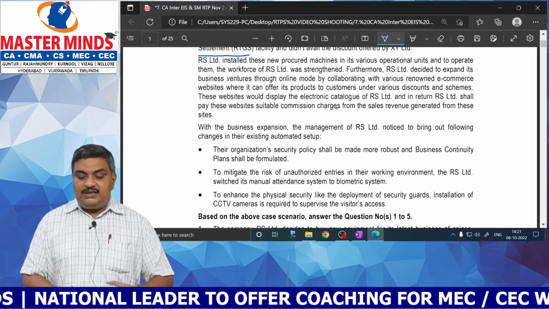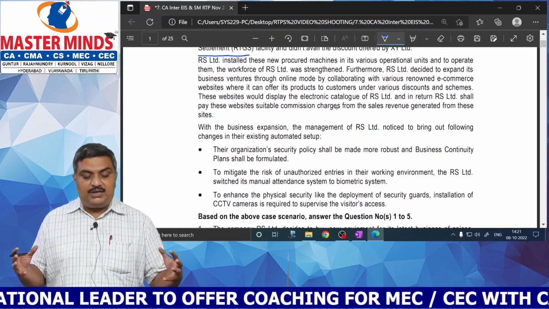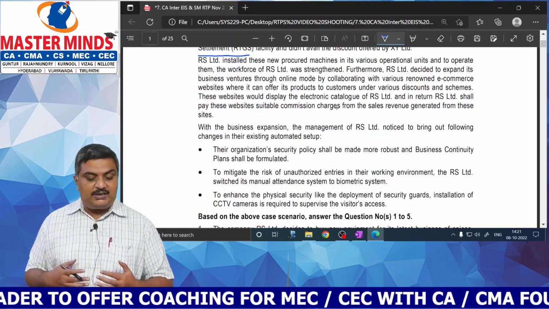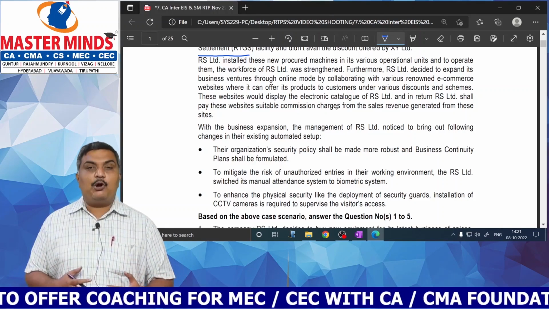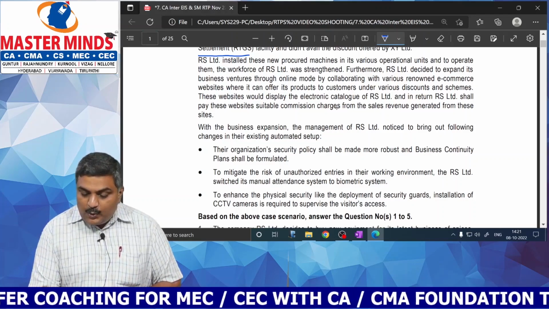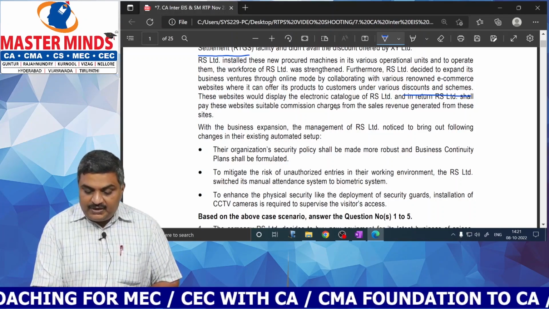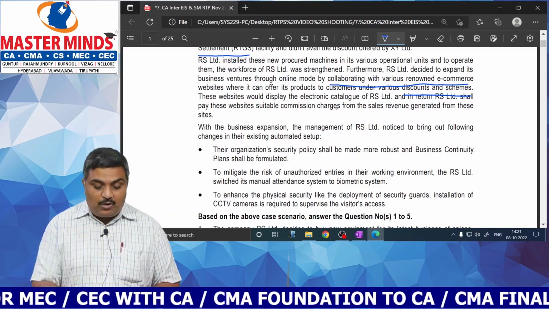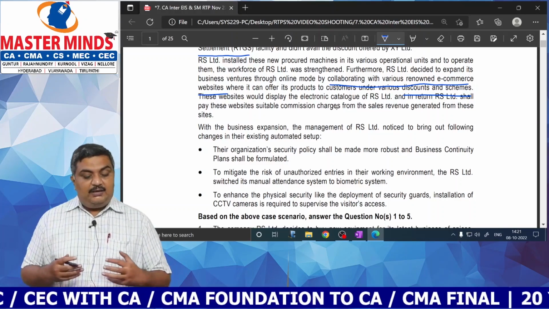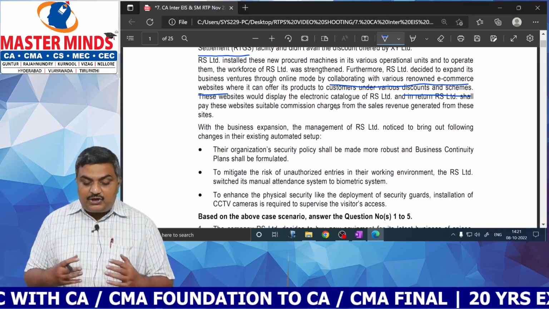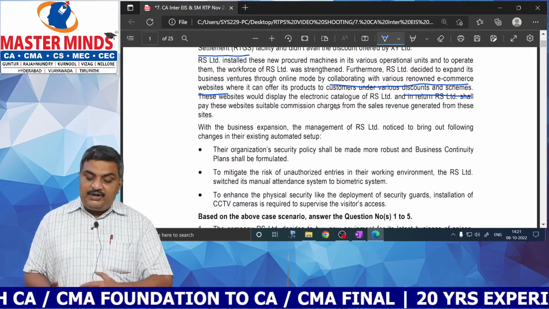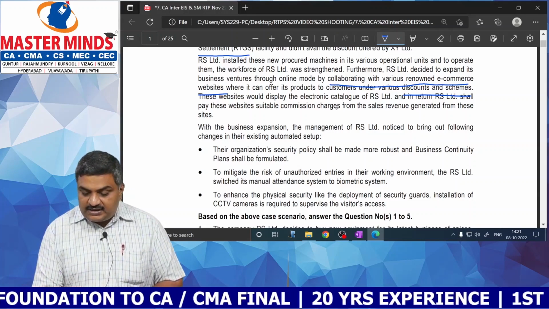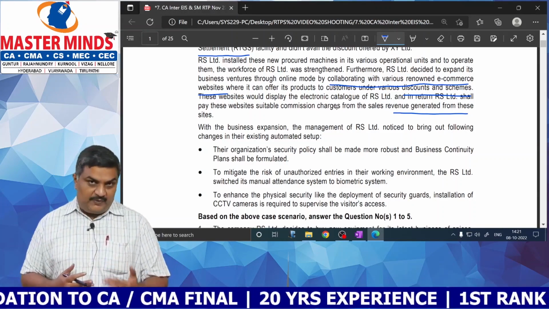Furthermore, RS Limited decided to expand its business ventures through online mode by collaborating with various renowned e-commerce websites, where it can offer its products to customers under various discounts and schemes. So, RS Limited have collaborated with various renowned e-commerce websites, and these websites will display the electronic catalog of RS Limited, and in return RS Limited shall pay these websites suitable commission charges for the sales revenue generated from these websites.